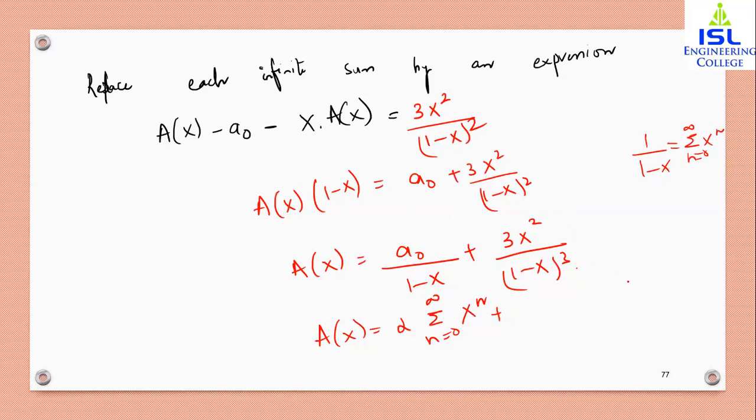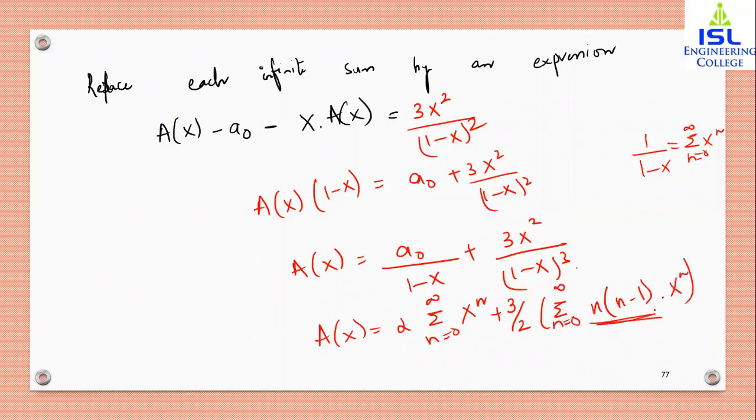This term can be written as, so we have 3x square by 1 minus x cube. So instead of this, going back to our table, this can be written as 3 by 2 sigma n is equal to 0 to infinity n into n minus 1 into x power n.